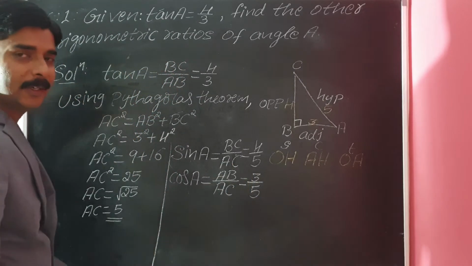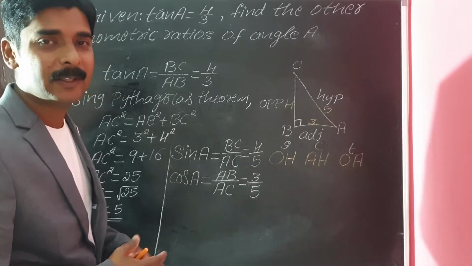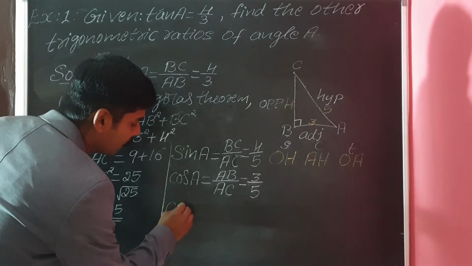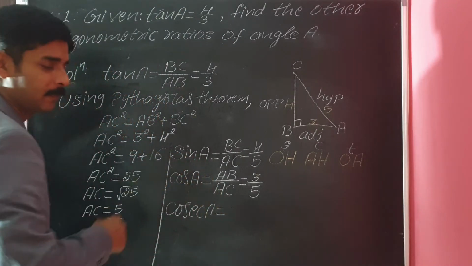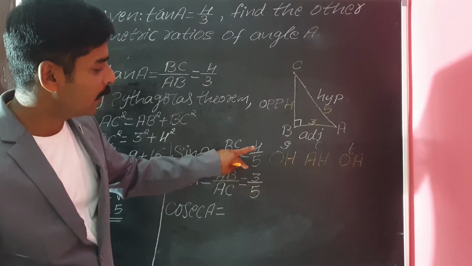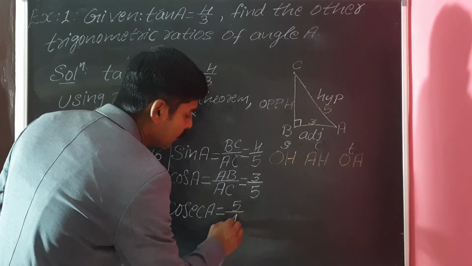Tan A is already given. Once you know sin, cos, tan, you can easily write cosecant, secant and cot, right? Cosecant A is the reciprocal of sin. Sin A is 4 by 5, so the reciprocal is 5 by 4.